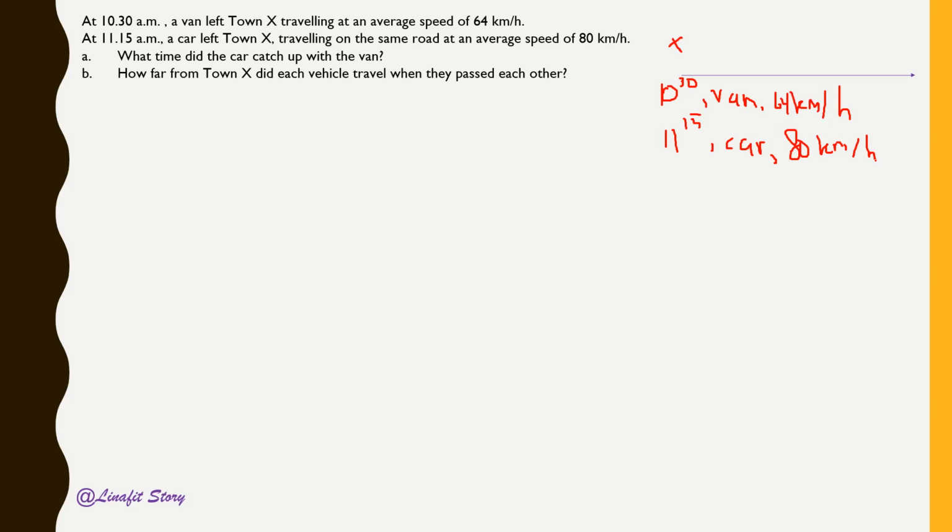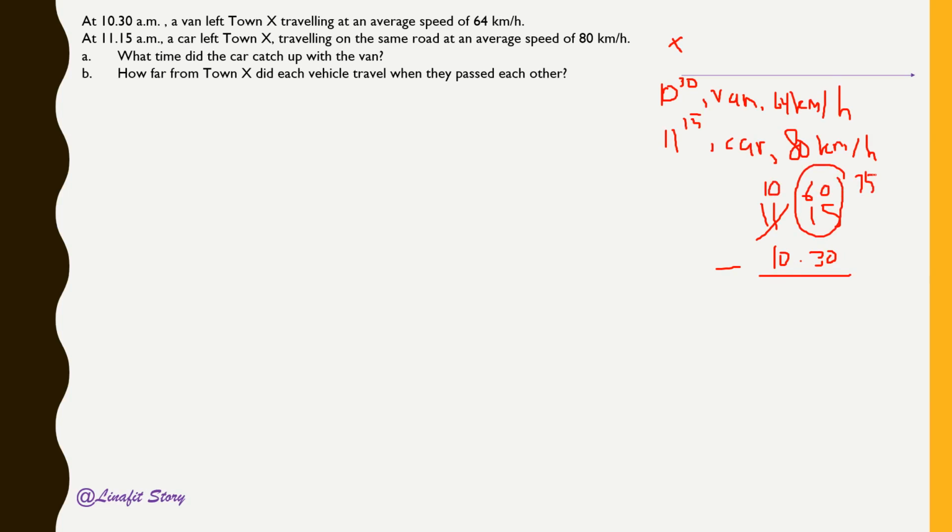So over here we have to calculate the time interval between 11:15 and 10:30. Because we cannot subtract 30 minutes from 15 minutes, we need to borrow 1 hour. 1 hour means 60 minutes.